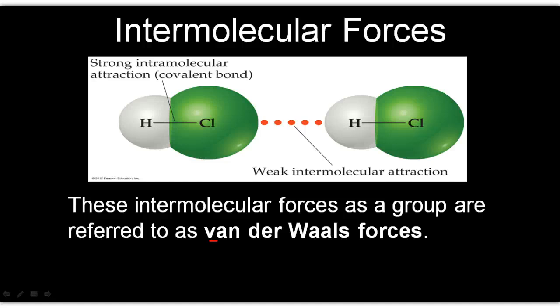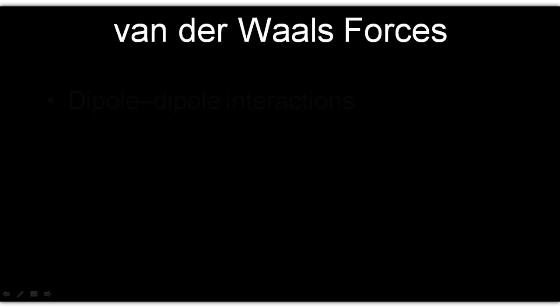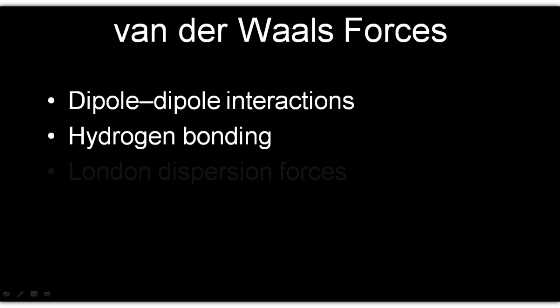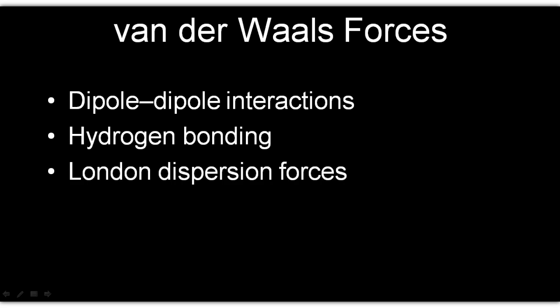Some of these forces are called van der Waals forces, the intermolecular forces, and we'll see some of these listed on the next slide. So dipole-dipole interactions sounds a little bit more complicated than the others, but basically all you're talking about is particles have or may have a dipole.